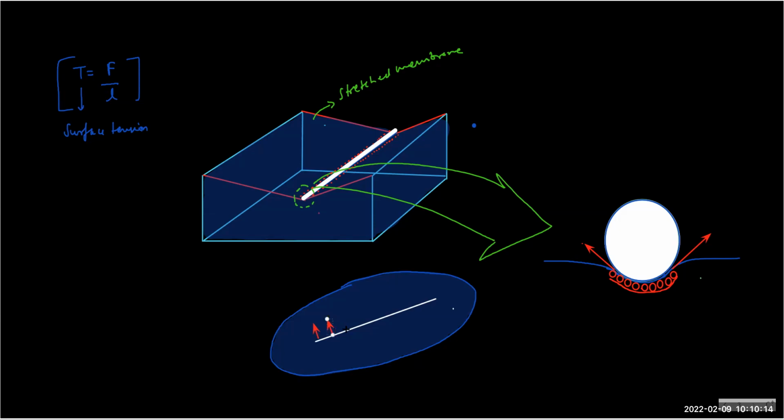This is the imaginary line actually, and this pull force is acting everywhere, and it will act on both sides of this line.